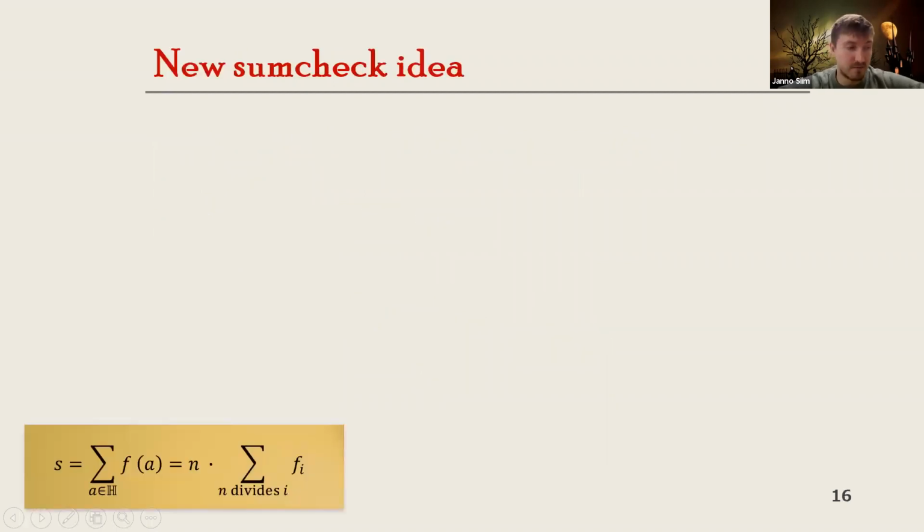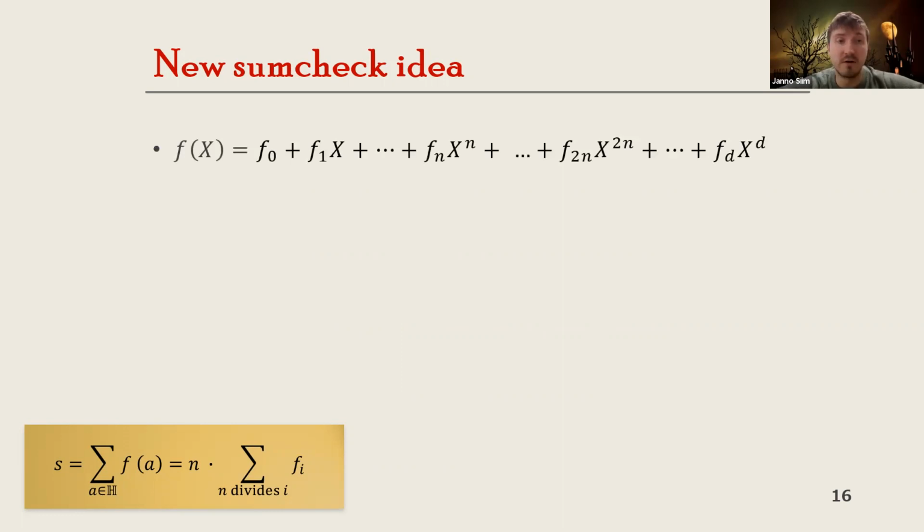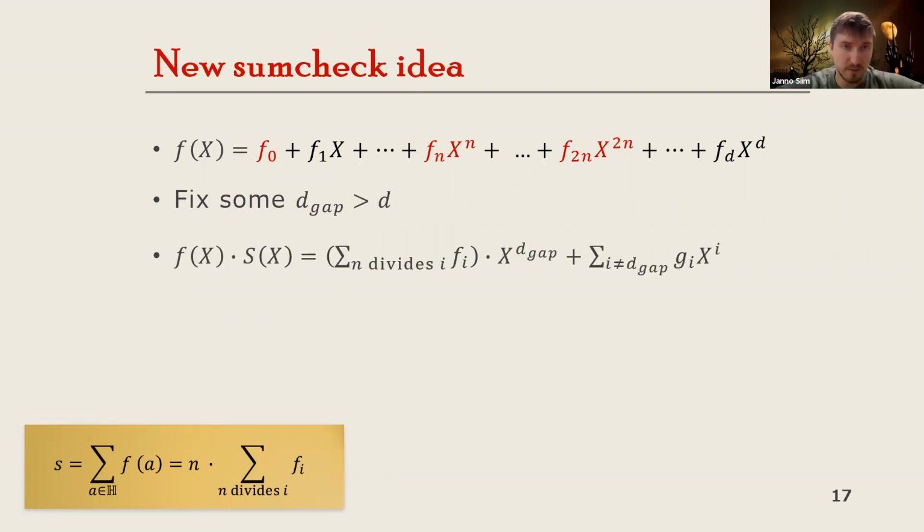So now let's keep this lemma in mind and think what we can do with this. Okay, this is our polynomial f(x). We want to add together, based on this formula, all the coefficients where the index divides by n. So this is f0, fn, f2n, f3n, and so on. Let's fix some integer d_gap, which is larger than the degree of the polynomial.